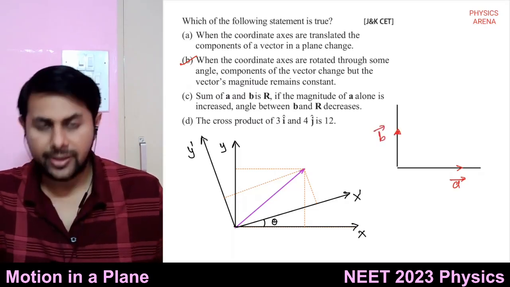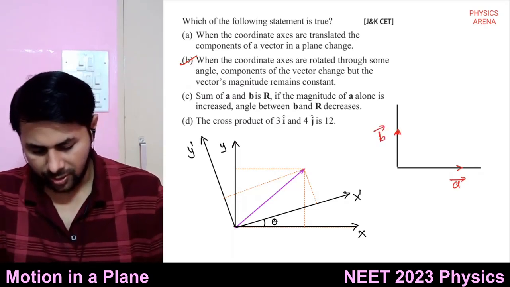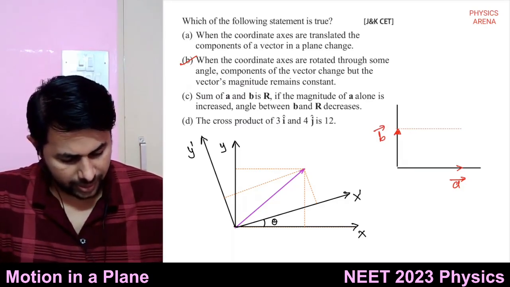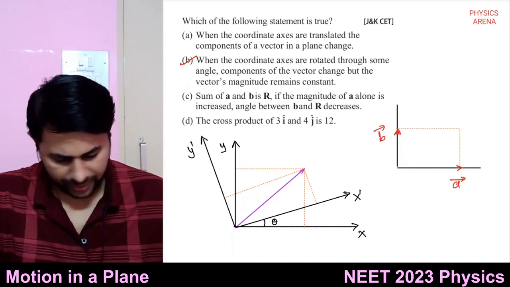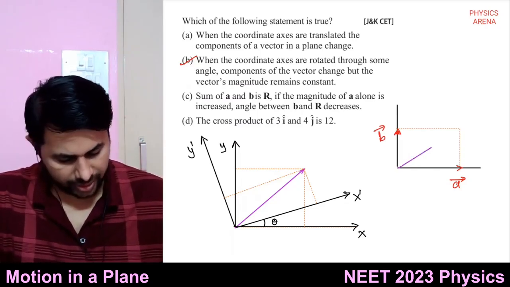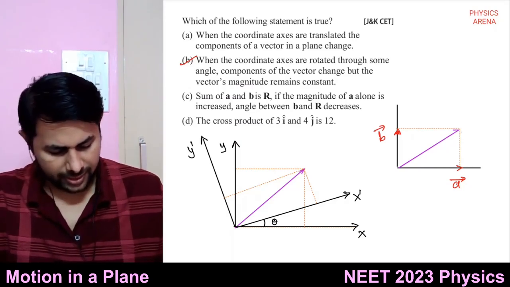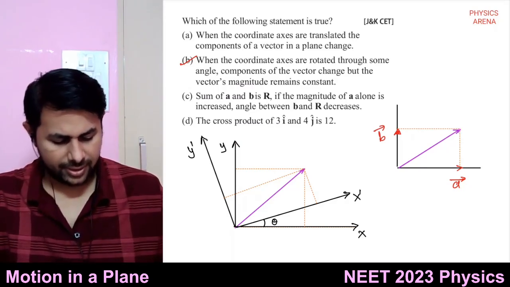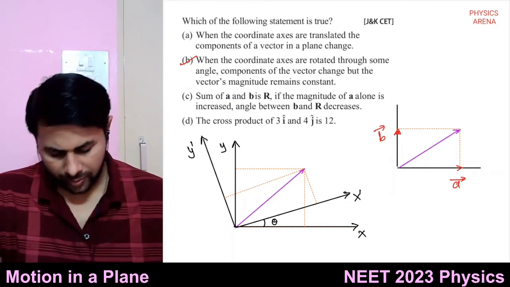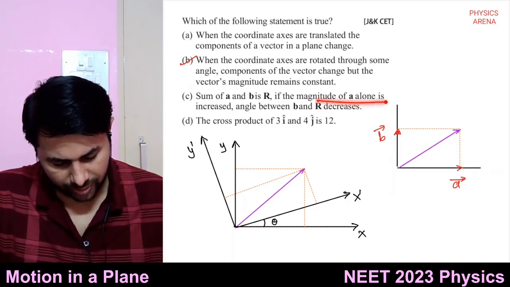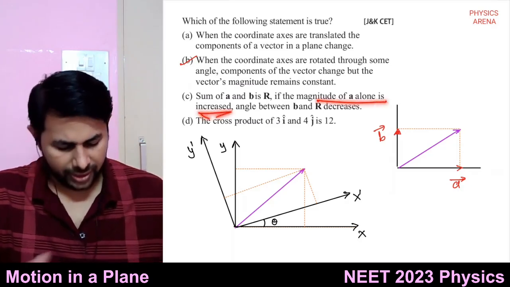What will be the resultant using the parallelogram law of vector addition? I can say that this would be the resultant. Now it's given that you are changing the magnitude of A and increasing it.